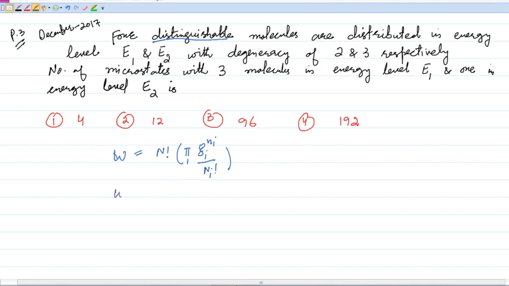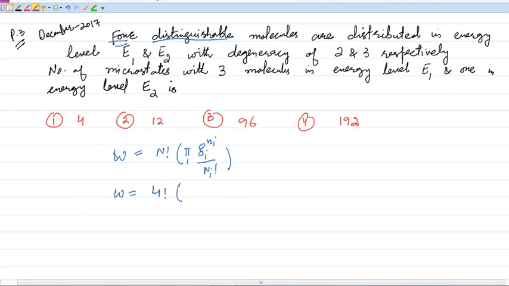So as per this equation, n here is given as 4 distinguishable, so total number of particles is equal to 4, so we will write it as 4 factorial.